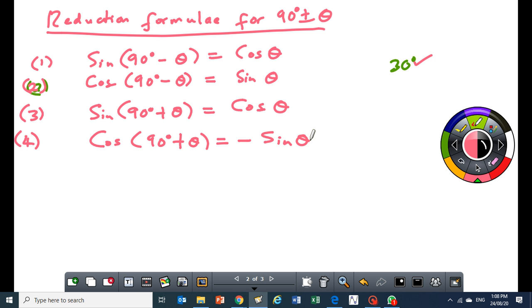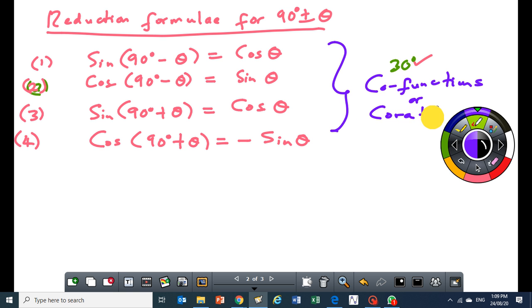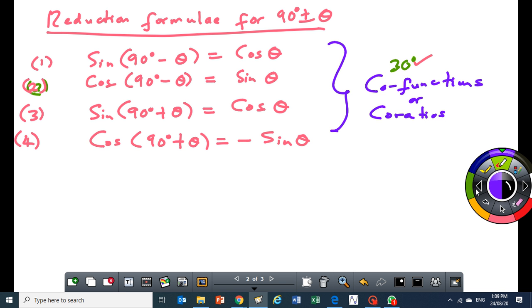Right. Now, these 4 are called cofunctions, or you can call them correlations, depending on the source that you are dealing with. They are formulae that are used to convert sine to cos or vice versa.